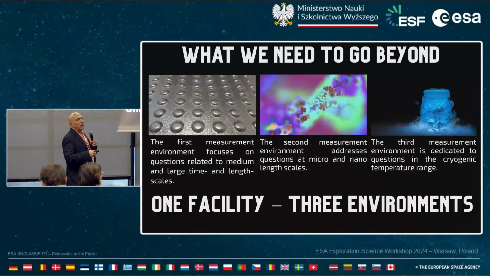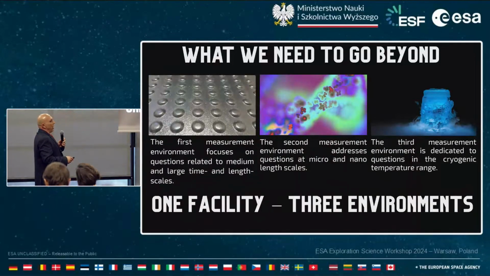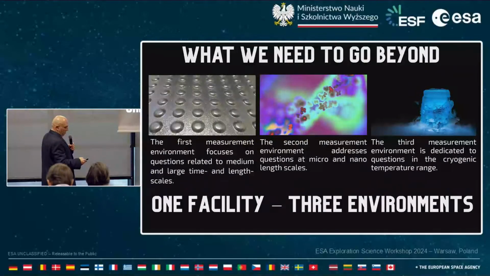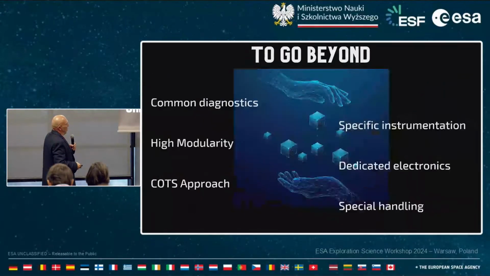You know, cryogenic refers to a bunch of phenomena that are the same or similar to what you can study at higher temperature, but of course in a completely different range. So it's not so easy to then create a matching between the different modules. But at the end of the day, we need to recreate 3 environments to fulfill the full bunch of topics that we don't know yet.